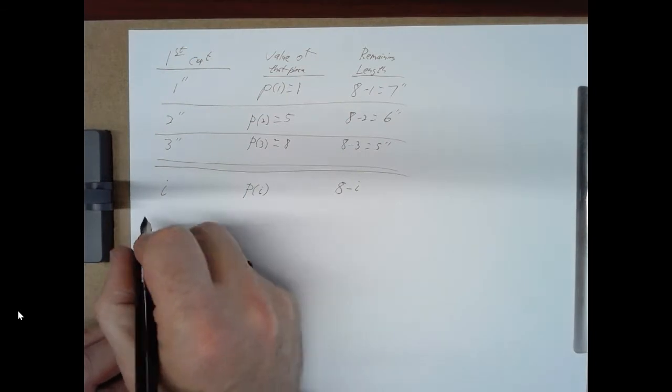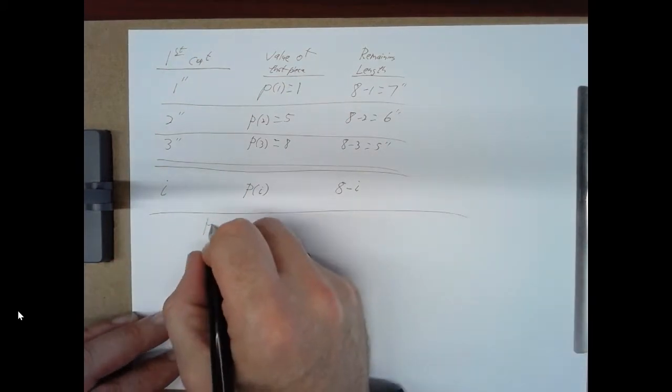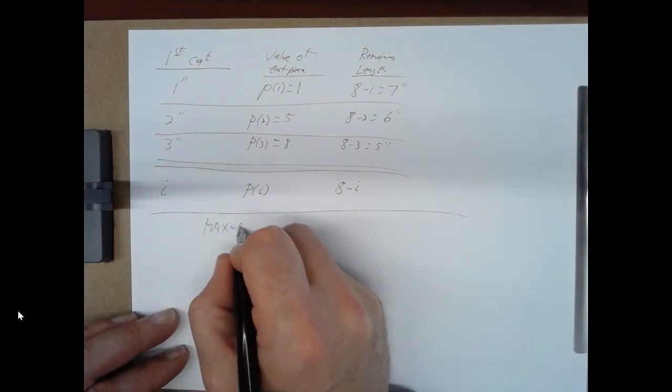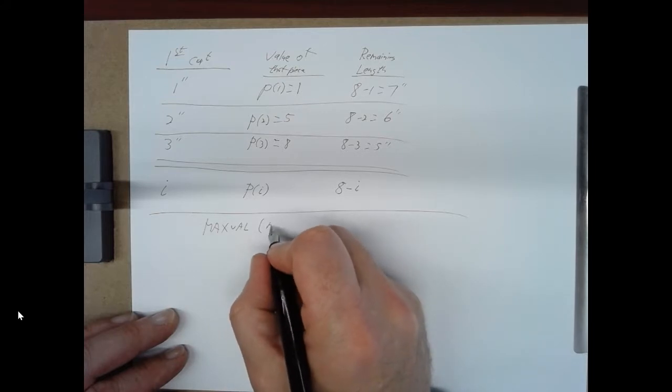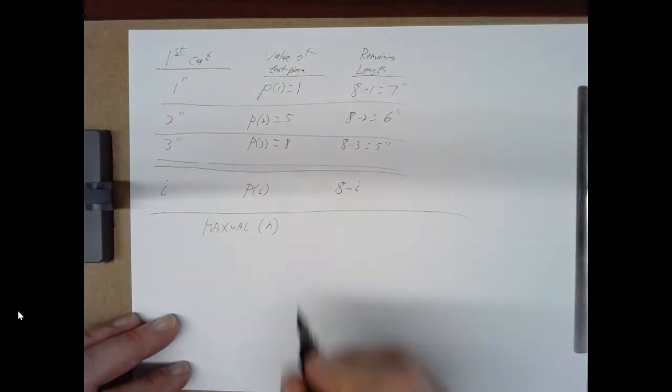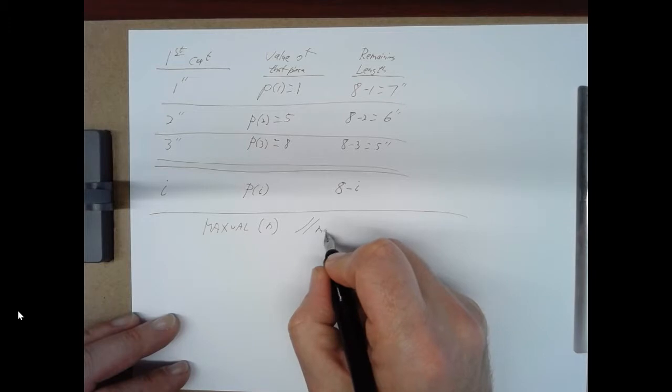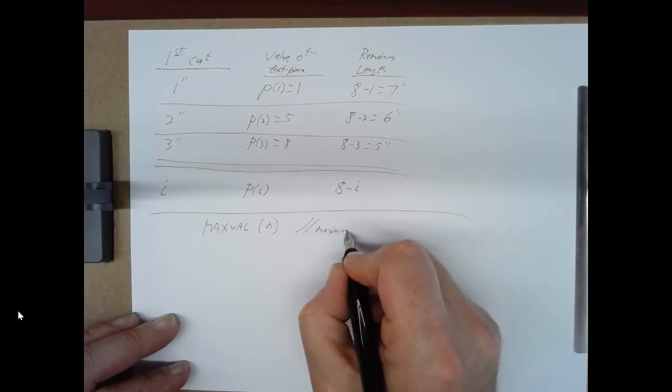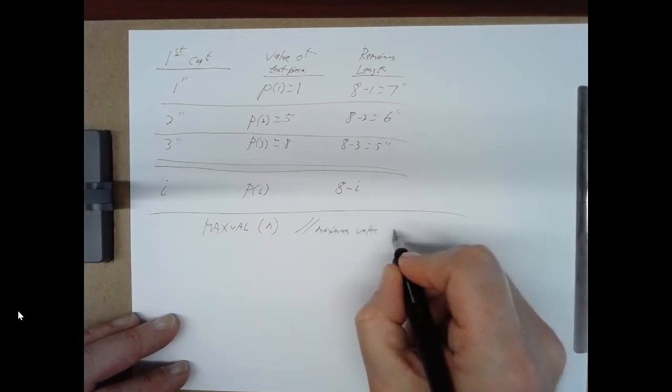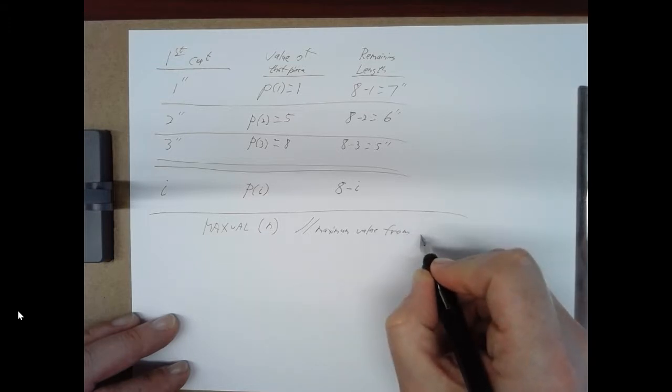So we can write a function, max val of n. This is the maximum value from a rod of length n.